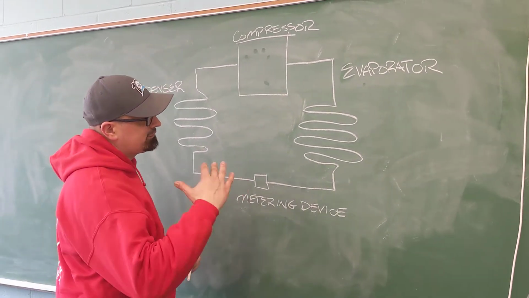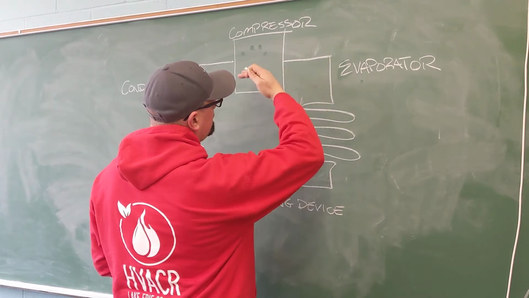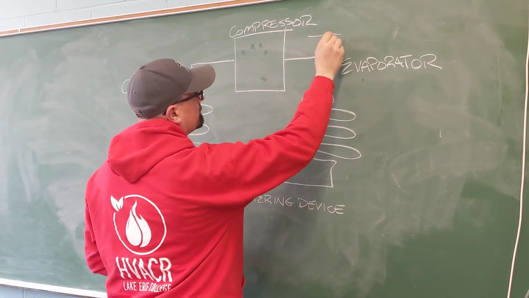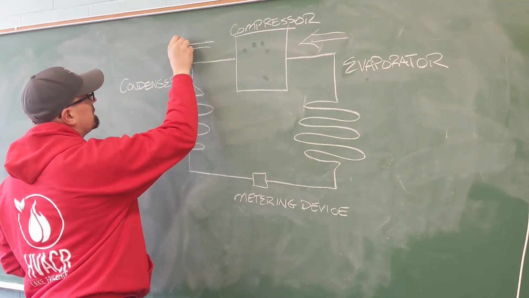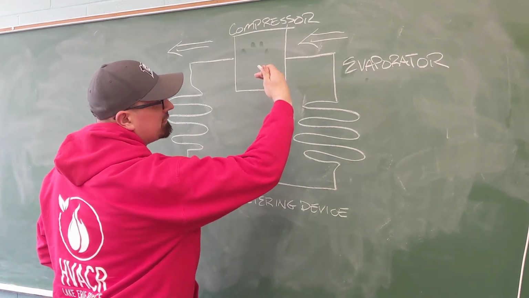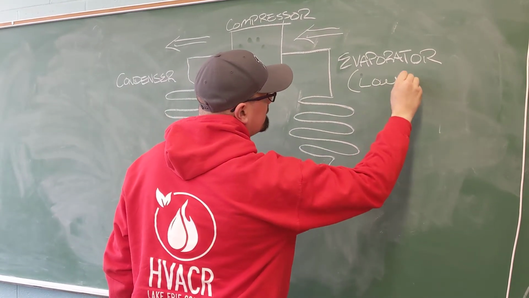And basically the flow of refrigerant is always from the evaporator coil into the compressor. So if we were going to draw arrows with the refrigerant flow, we would be going in on the evaporator side, which is also called the low side.